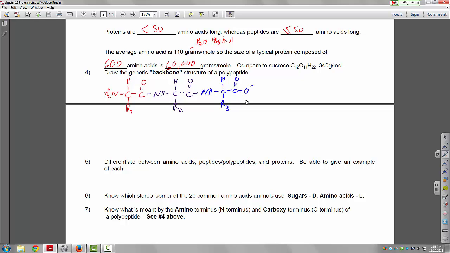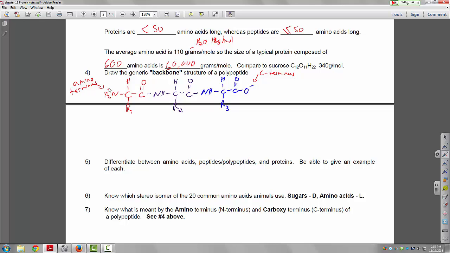So in any polypeptide, there is a C terminus, or the carboxy terminus, and the N end, or N for nitrogen because it's an amino group, so the amino terminus, or the N end, and the C terminus.